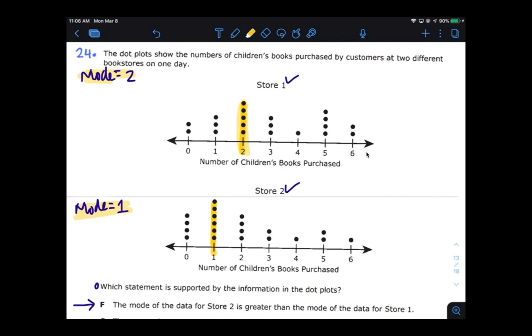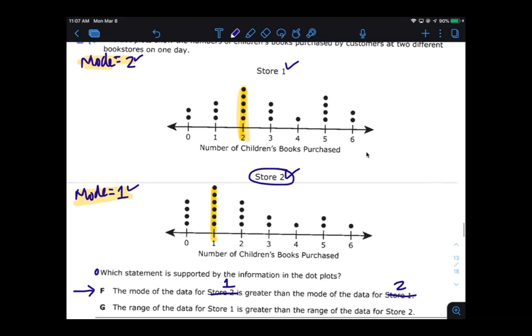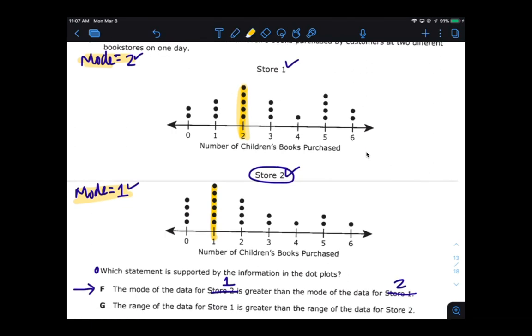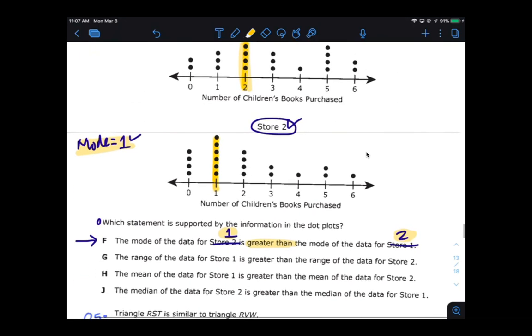It says the mode of the data for store 2 is 1, and store 1 is 2. So 1 is greater than 2? Is 1 greater than 2? I don't think so, so this is not our answer.